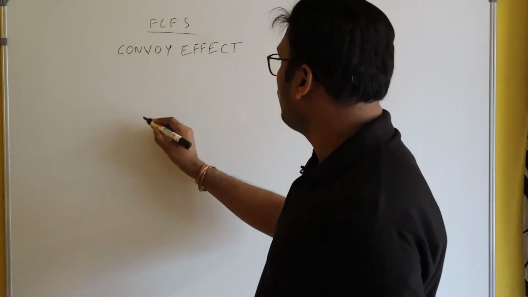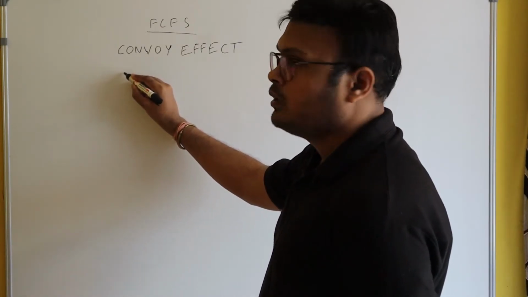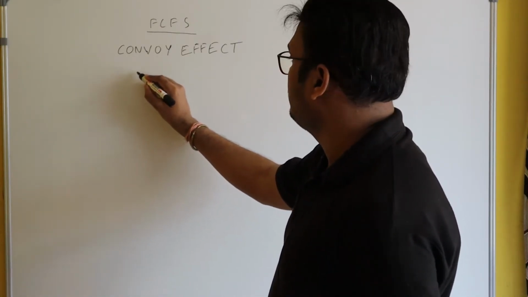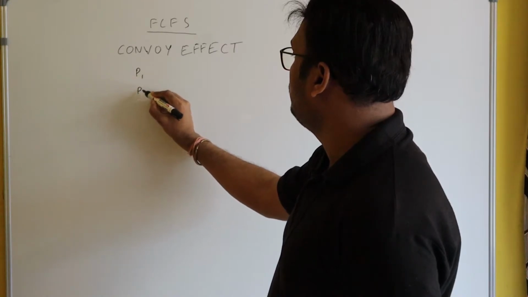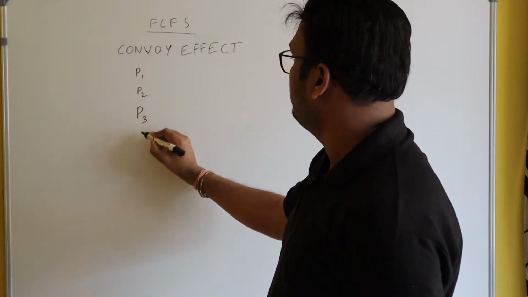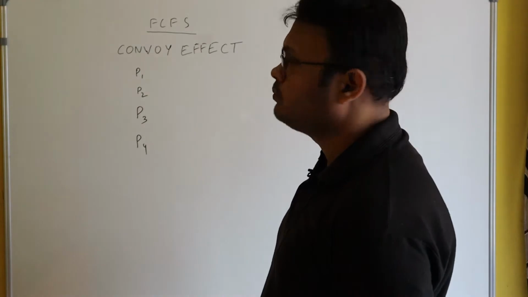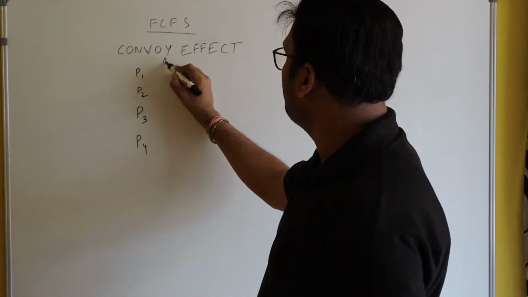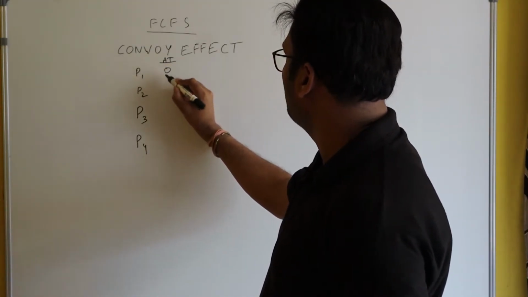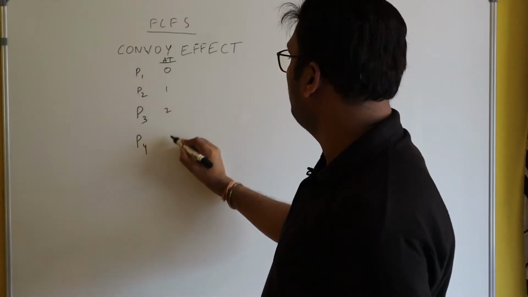Suppose there are 4 processes. Is it visible? Okay. P1, P2, P3, P4. And the arrival times of these processes are 0, 1, 2, 3.